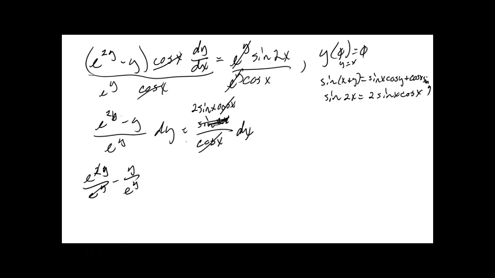So I think that's what I would do next, is say this is e to the y minus y e to the minus y dy equals 2 sine x dx. I don't know if that's a lot better, but it just looks a little better to me.